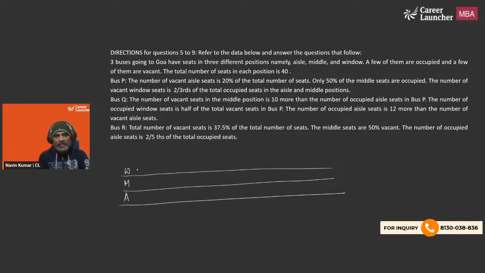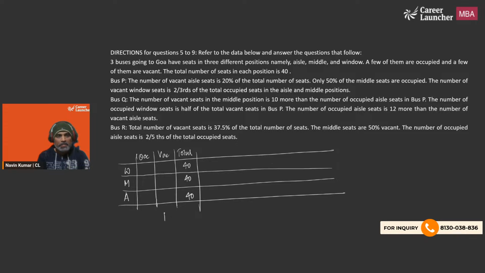If you read these statements, you will realize that something of that sort has been mentioned. So I'm going to write OCC for occupied and VAC for vacant, because we know that the total number of seats of each type is fixed at 40.